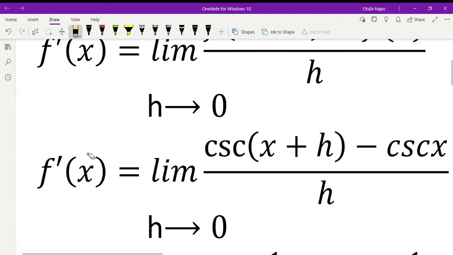So note that this represents the derivative f prime of x. This represents the derivative that we are finding. You're going to use d over dx or y prime, so it depends on what you are given.